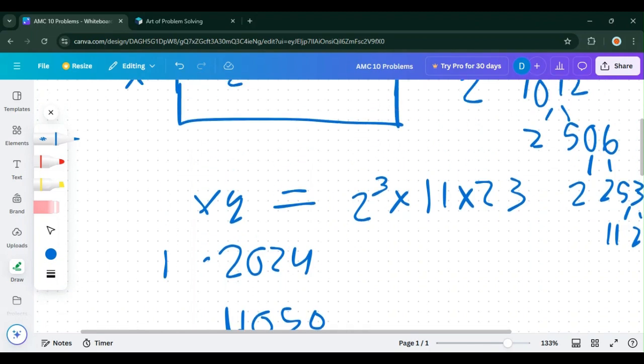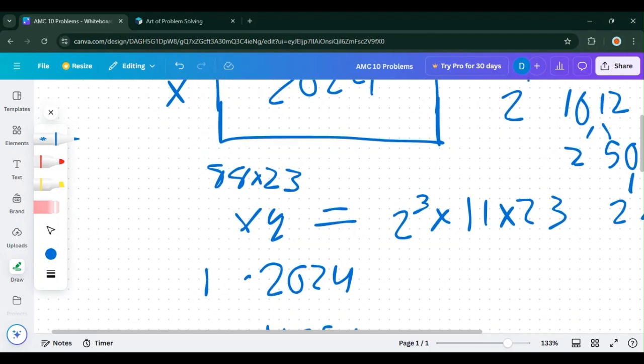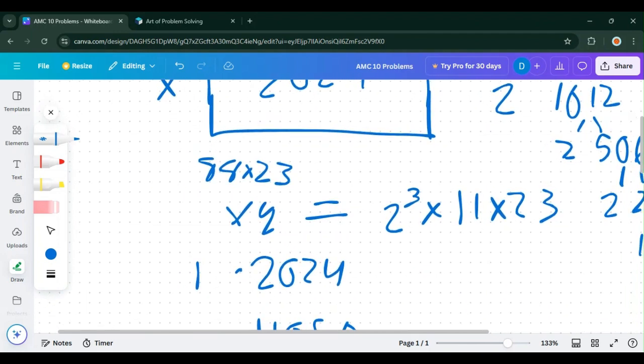So if we see another example where the numbers are closer together, let's just say 88 and 23, x is equal to 88 and y is equal to 23, we see that the perimeter is much smaller. So we want to make sure that x and y are closer together, and their difference is smaller.